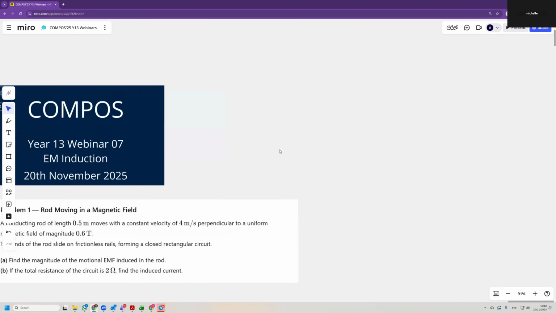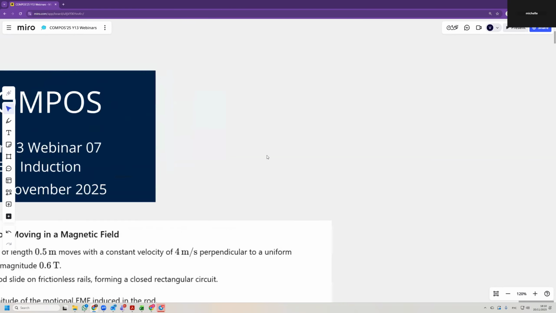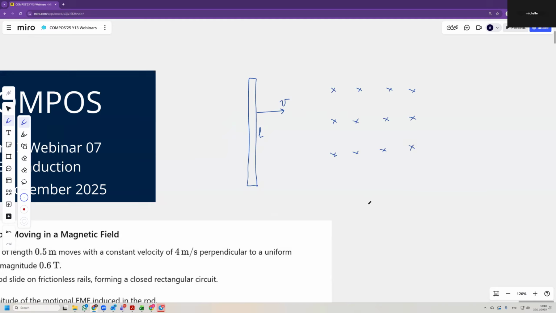And we start with motional EMF. You might know, you might not, but if you have a piece of metal of length L moving at velocity V through a magnetic field, and the magnetic field is perpendicular to the rod, we've discussed a velocity selector in the last physics webinar, and this is something similar in a way.